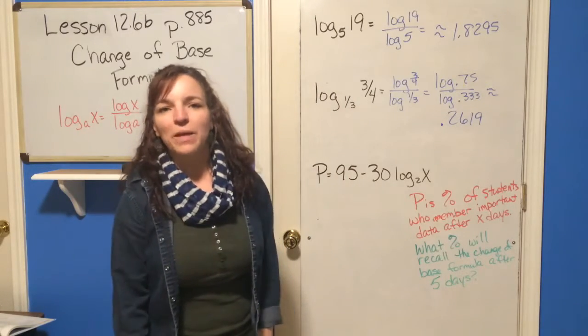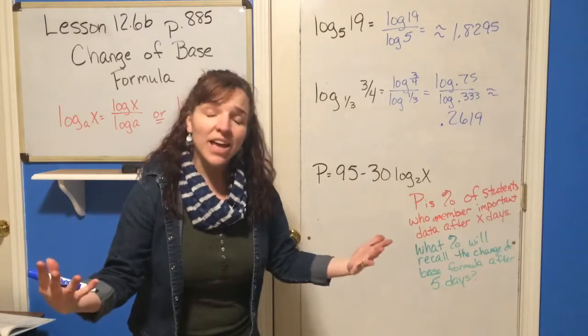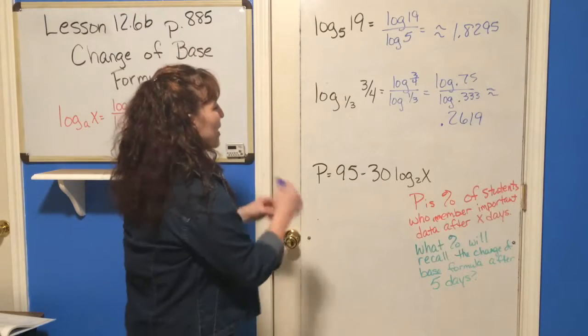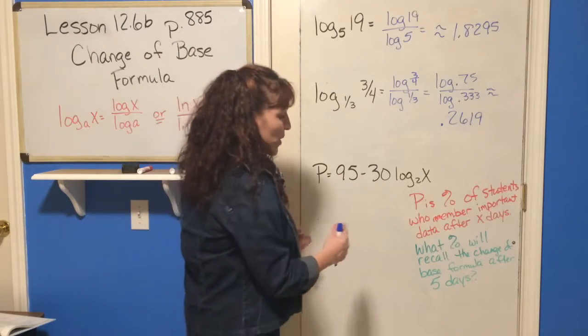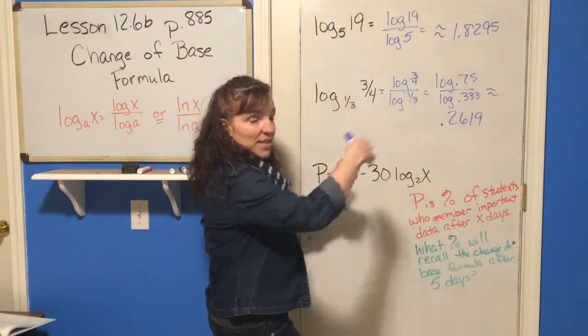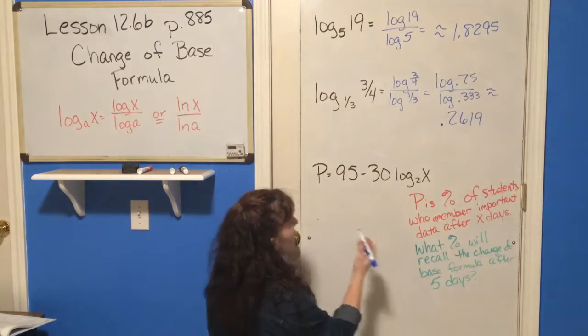In 5 days from now, what percentage of you are actually going to remember all that I have so desperately tried to teach you? All right, here we go. The x is the number of days that goes beyond the lecture day. So you just plug it in.